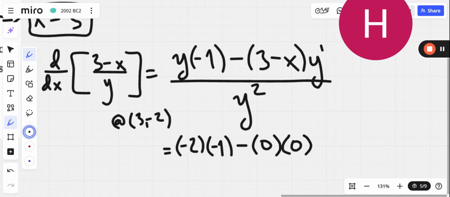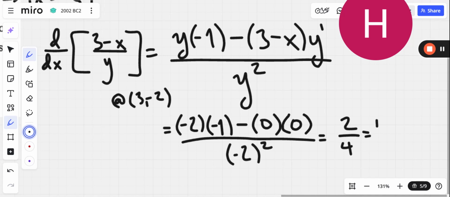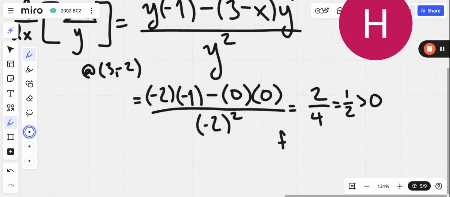It's the point of tangency, so we discussed that dy/dx is 0 there at a horizontal tangent. Over y squared, which is (-2) squared. So careful, because there are lots of negatives here. We get 2 over 4, 1/2, which is greater than 0, which means f of x is concave up at that point.